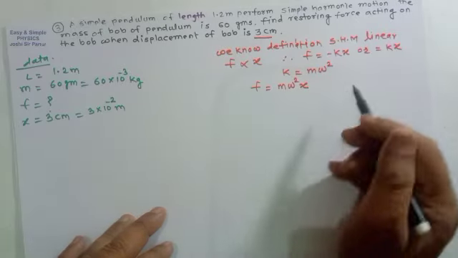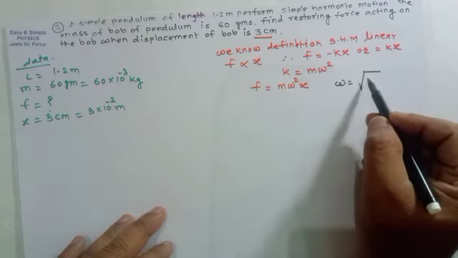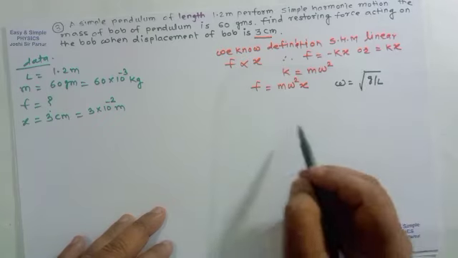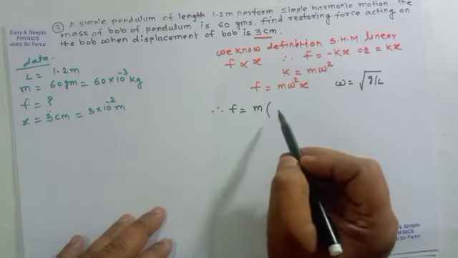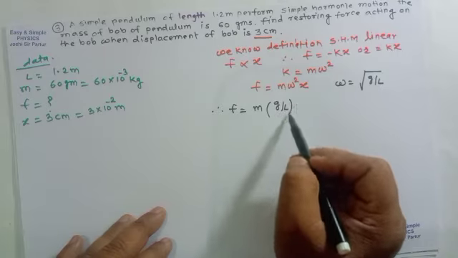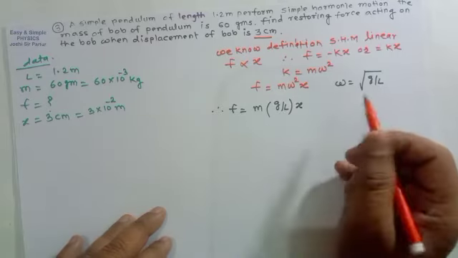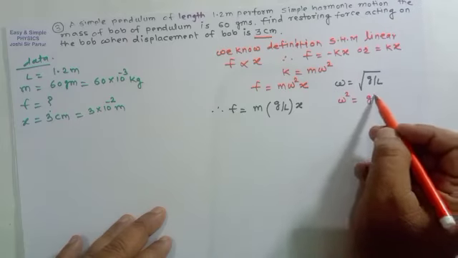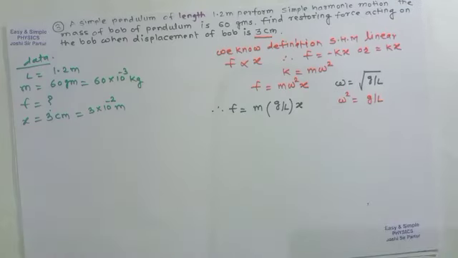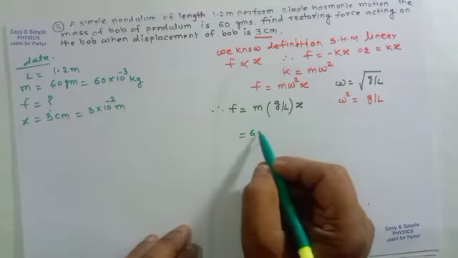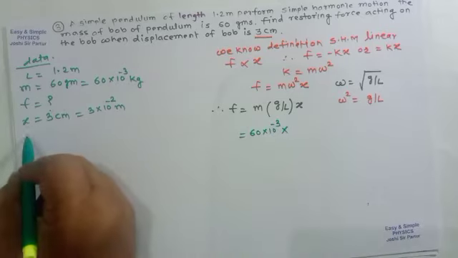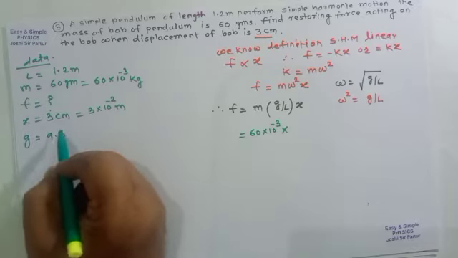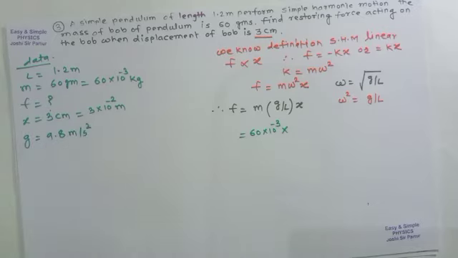But we know that omega is equal to square root of g upon L. So substituting, force is equal to m in bracket g upon L x, because omega square is equal to g upon L. By substituting the values, m will be 60 into 10 to the power minus 3 multiplied by, here we know that g has value 9.8 meter per second square.